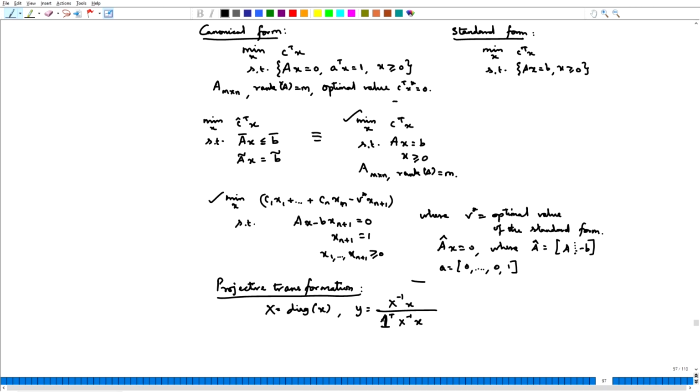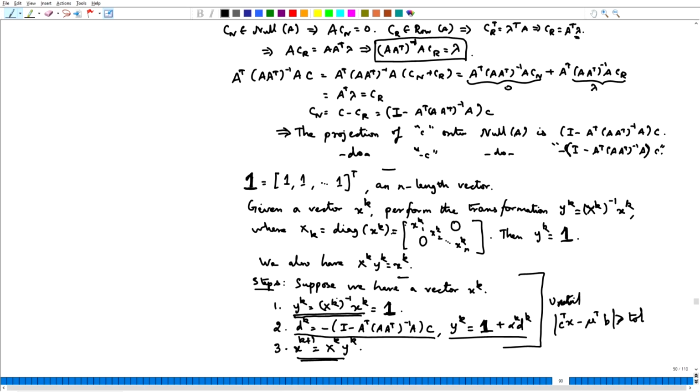Please recall that 1 is a vector of all ones, okay. So, this is the projective transformation, right. This is slightly different from the linear transformation, which was just capital X inverse x, right. That was something we saw earlier.